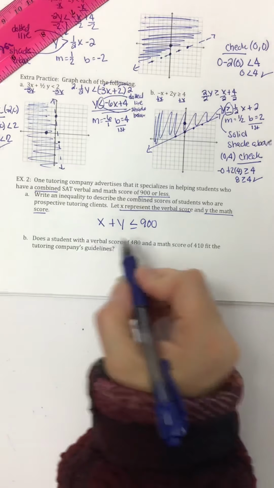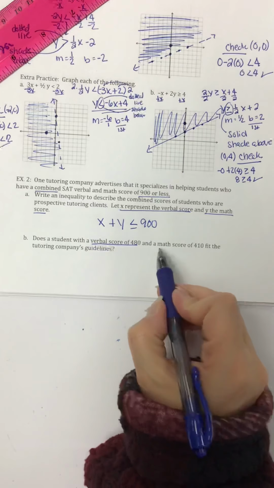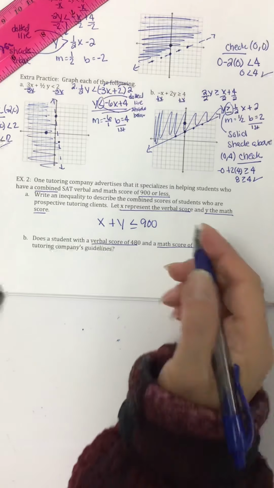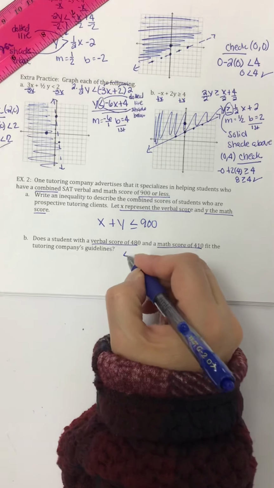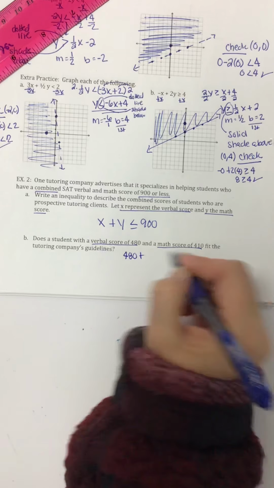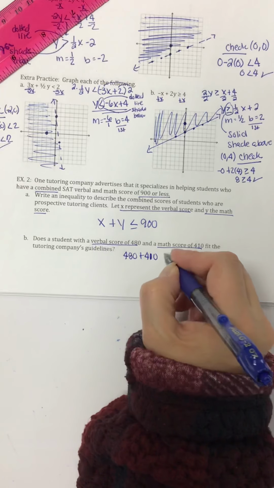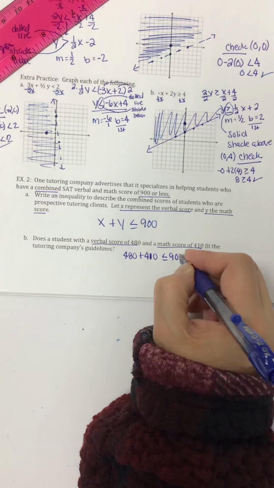Does a student with a verbal score of 480 and a math score of 410 fit the tutoring company's guidelines? How would we check that? You would add them together. So we would substitute it in, 480 plus 410. We want to know, is that less than or equal to 900, don't we?